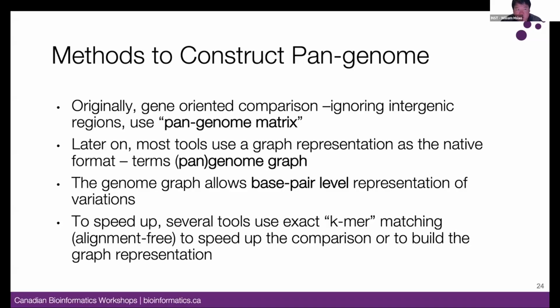However, later on, most tools that have been developed use graph representation as the native format. These are usually termed pangenome or genome graph. A genome graph allows base pair level representation of the variations rather than just gene by gene variation.